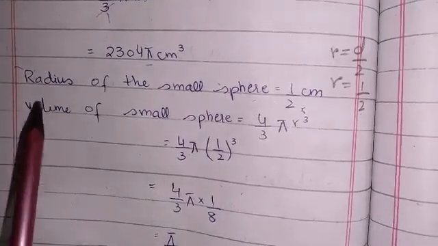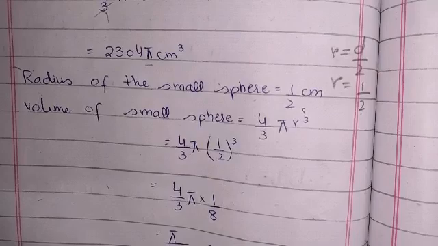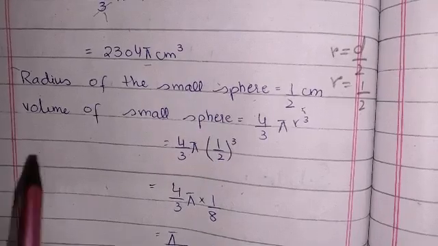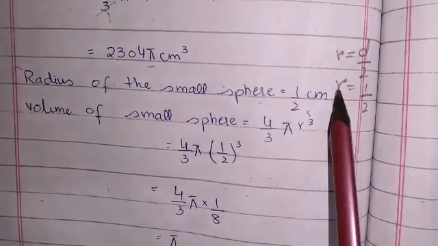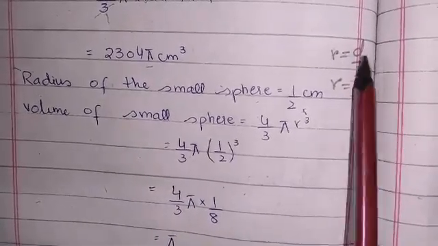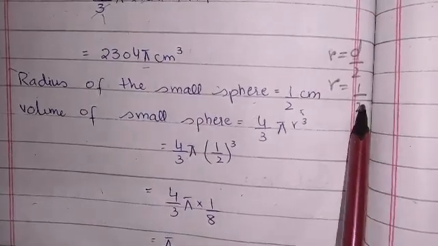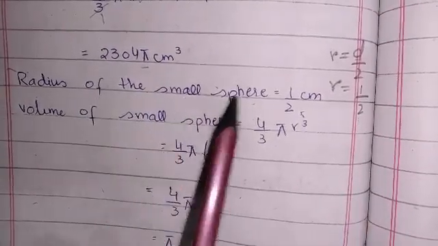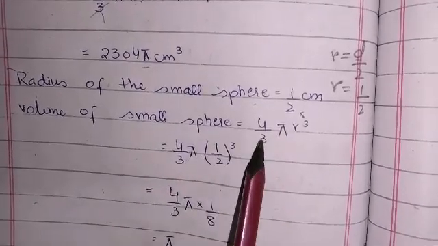Now students, next is the radius of the small sphere. As you can see in the question statement, they tell us the diameter, but as you know, radius is equal to d over 2, so the radius is equal to 1 by 2 because the diameter given to us is 1. So we will use radius is equal to 1 by 2. Radius of the small sphere is equal to 1 by 2 centimeter. Volume of small sphere is equal to 4 by 3 pi r cube.